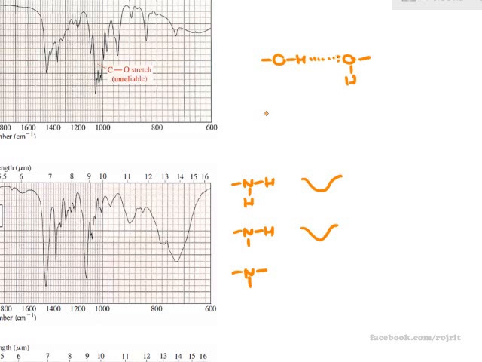But for amine, the electronegativity is less, so H is less positive. And for the electron pair of nitrogen, you have only 1 electron pair, so the electron density on the nitrogen atom is less.